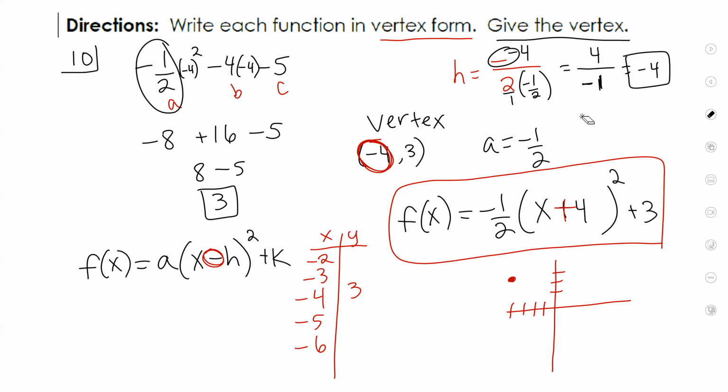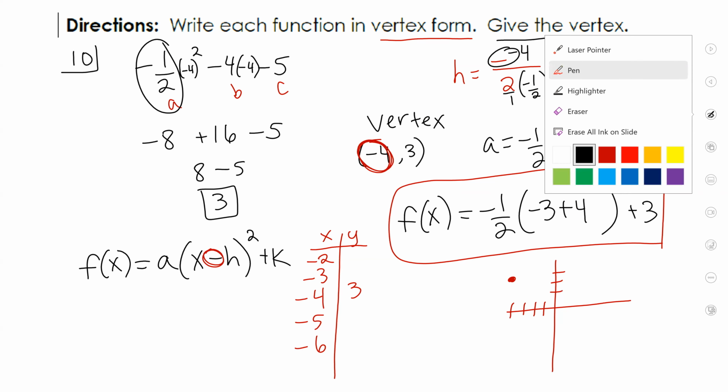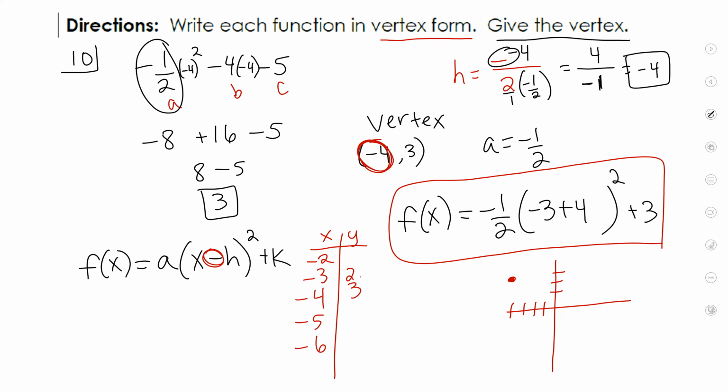So if I erase this x and plug in a negative 3, negative 3 plus 4, you're going to get 1 squared. This will be 2.5. You'll get 2.5 for both of these. So that will be right here at 2.5. And then let's plug in.